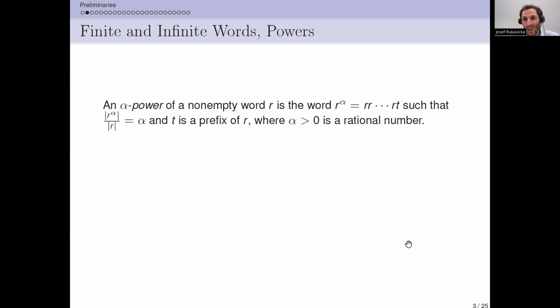It means at the end of the repetitions, there is a prefix of the word R, which may also be empty, in which case alpha would be a positive integer. It is necessary to understand this definition because it is what the results of the paper are about. I hope the definition is clear.